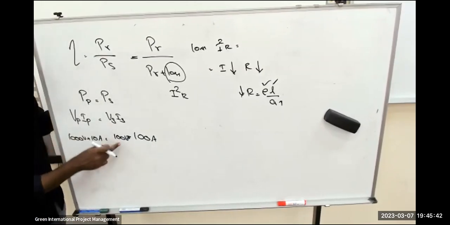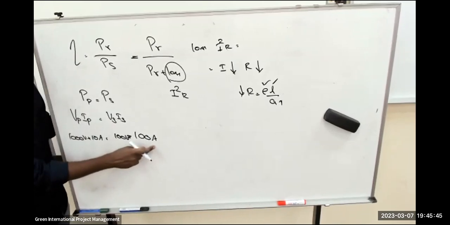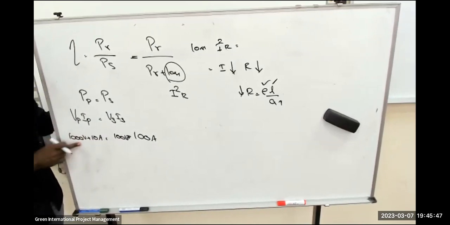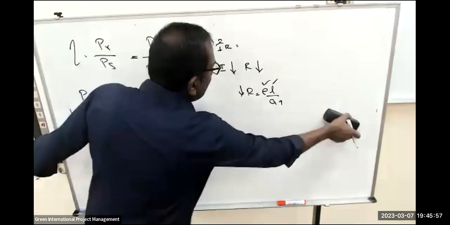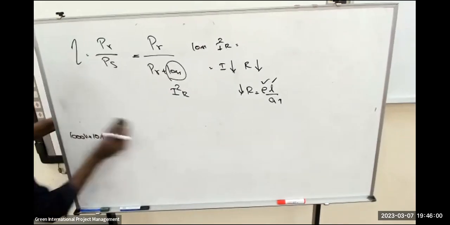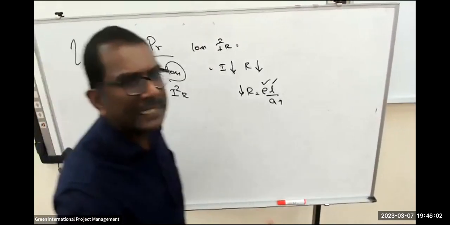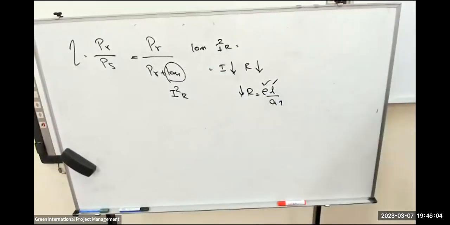Here on the secondary we have a low voltage, high current. That's why on the primary we have a high voltage, low current. That's why usually we are using step-up transformers: higher voltage having low current. In the primary stations we are generating 33 kV and it is stepped up to 220 kV. That way we can reduce the current, which reduces the loss.